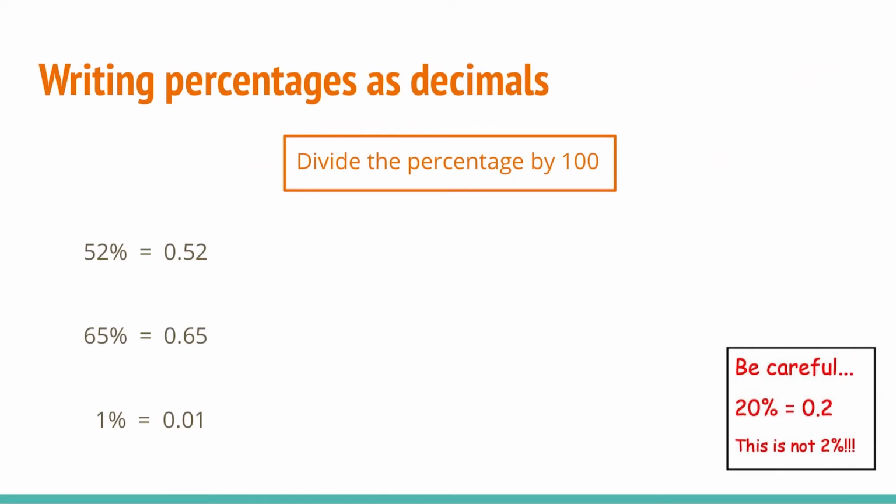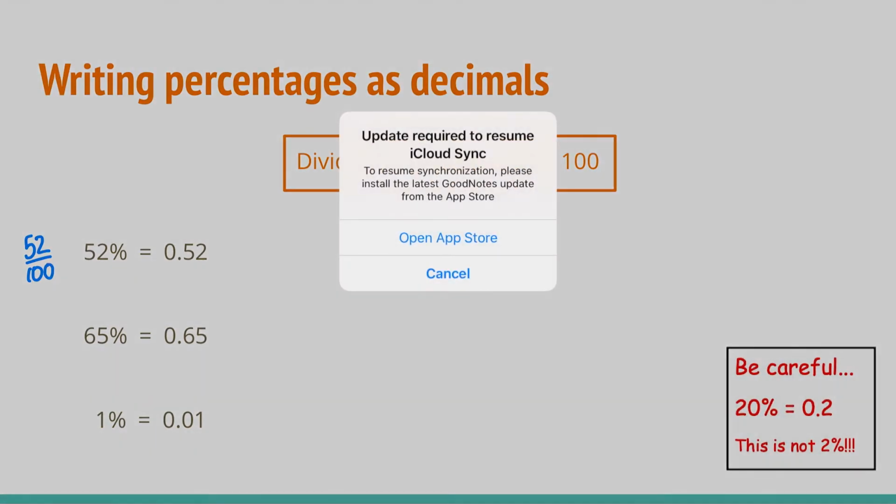If I want to then convert them to a decimal, we said that 52% was 52 out of 100. If I write that as a fraction, and therefore as a decimal, I'm dividing by 100, so I'm moving the decimal place twice.